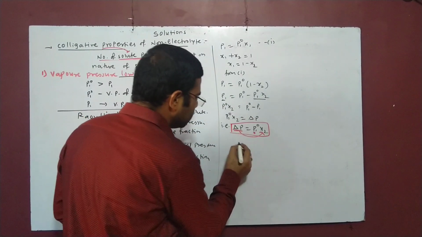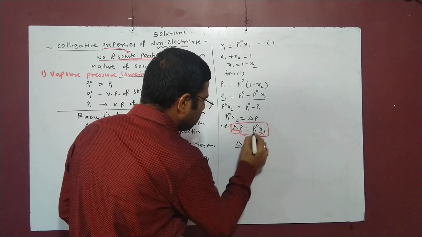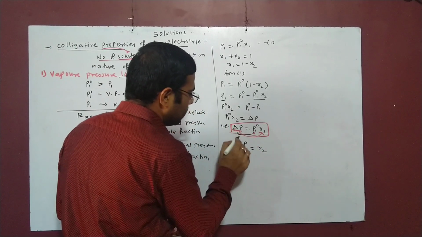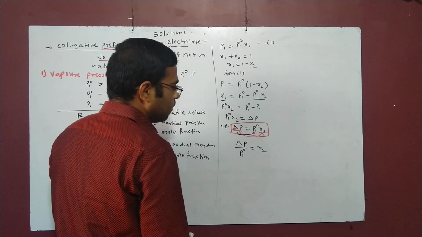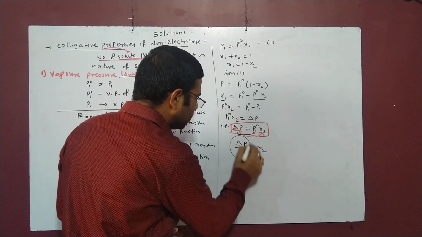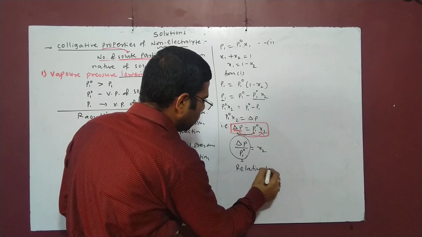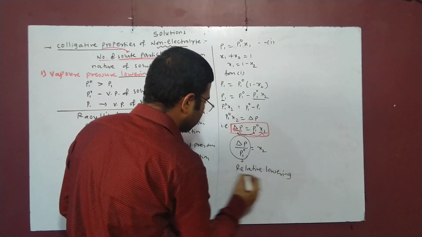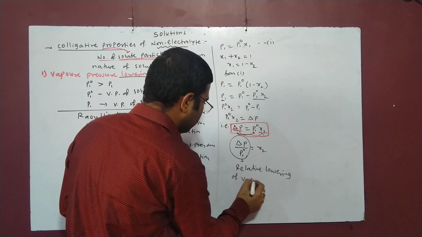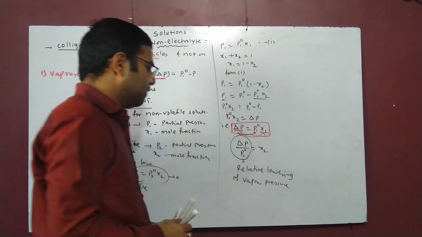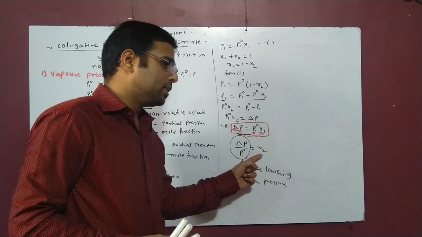If we rearrange this term, then we get delta P upon P1⁰ is equal to X2, by taking this P1⁰ to the denominator of delta P. This particular term is called the relative lowering of vapor pressure, which is also a colligative property because it depends upon X2.